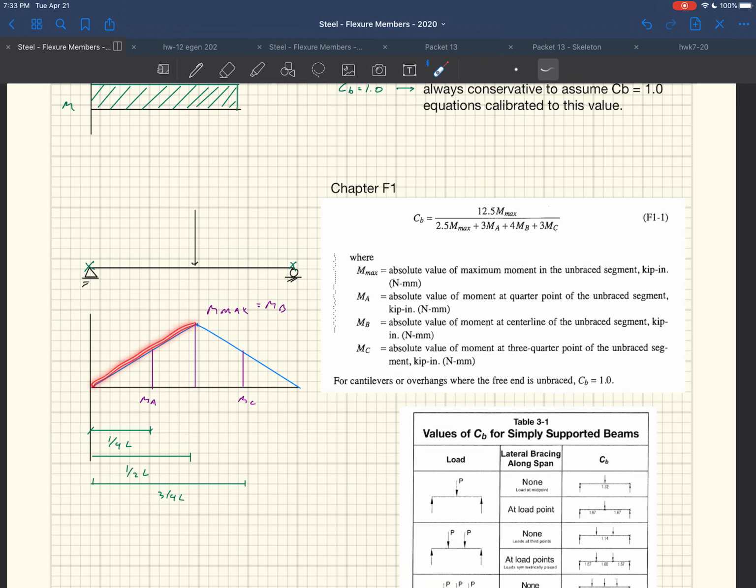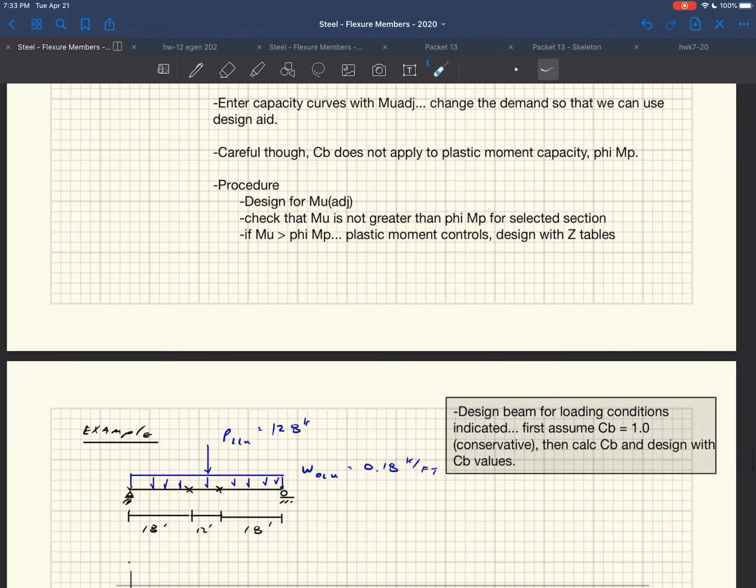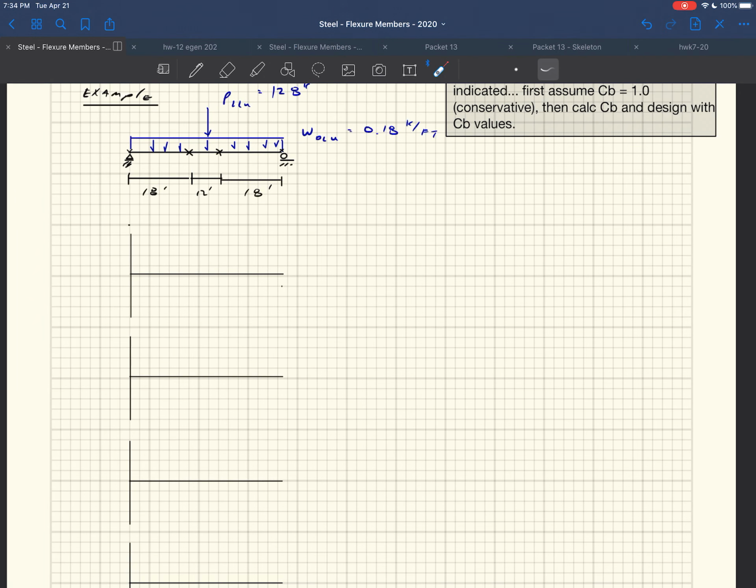So I need to know how my moments are changing at different locations along the span. That's a little bit further step than we've done before in this class, at least. Usually you just draw the shear and moment diagrams. So now we need to draw the shear and moment diagrams and come up with an equation for the moment and the shear. But this is a pretty simple case. We could do that pretty easily. Okay, so let's get started here.